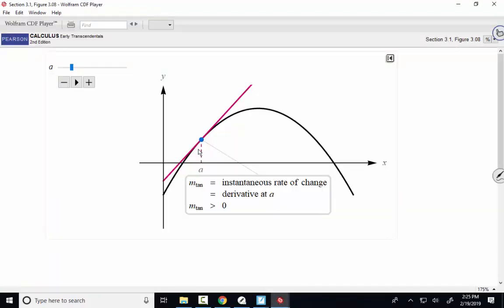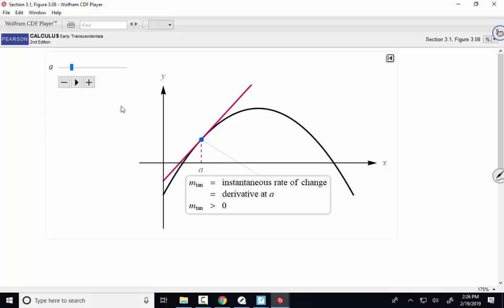So in 3.2, we look at this idea. What we've been doing in 3.1 is we're given the function, and we say at this value a, compute the slope of the tangent line and/or the equation of the tangent line at a. But if we wanted to know at all values of x along that curve, what would the slope of the tangent line be? It would be really tedious to do those computations one at a time for all x values.